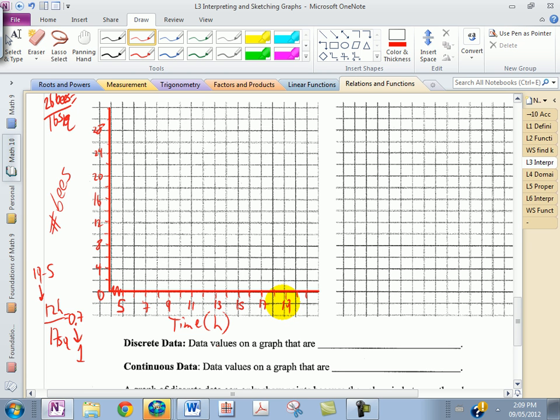Okay. Plot the points. At 5, there's 2 bees. At time 7, there's 5 bees, so I'm in between lines. At 9, there's 26 bees. At 11, there's 20.